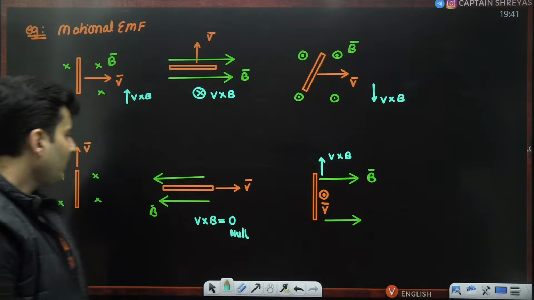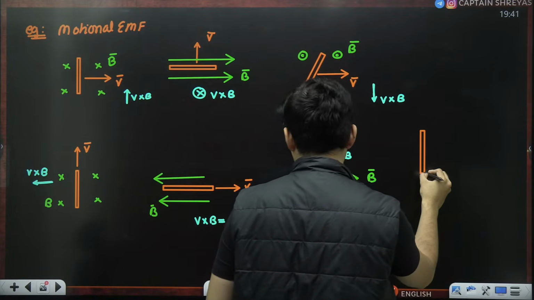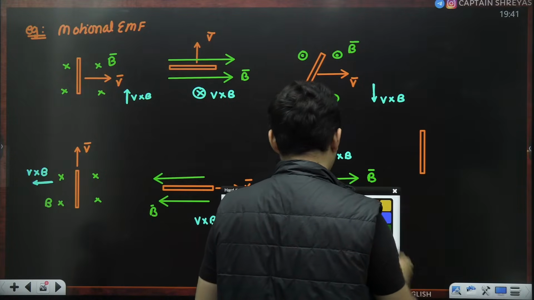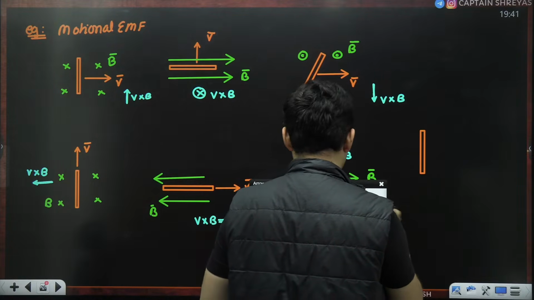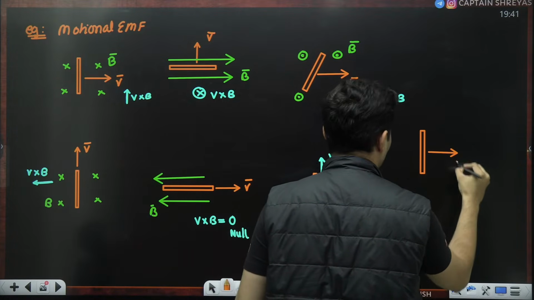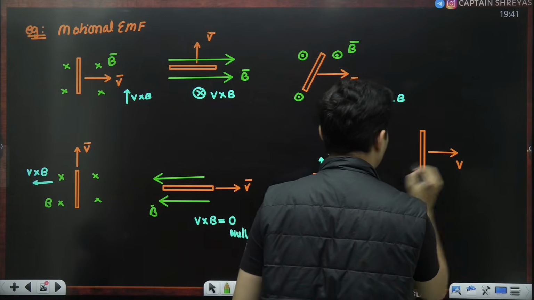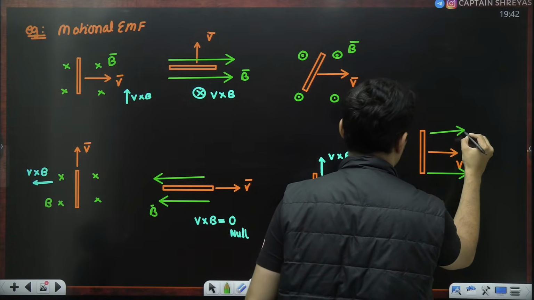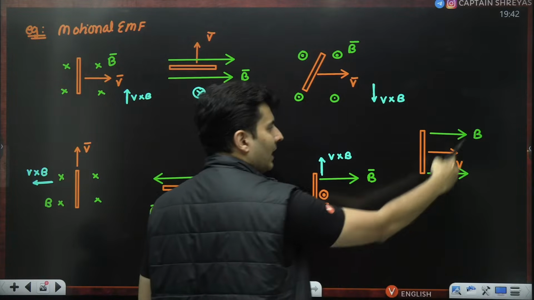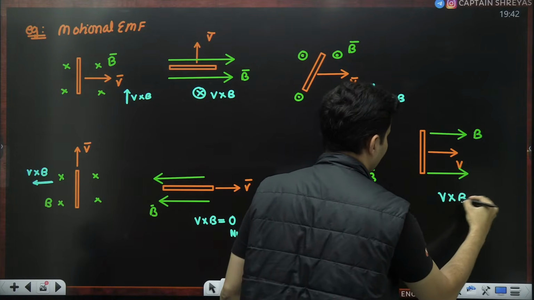All right. Then we can have one more diagram over here. Last diagram like this, where this is moving like this with some velocity, and then you also have some magnetic field like this. If you do V cross B, again V and B are parallel to each other, so even then you will get 0.